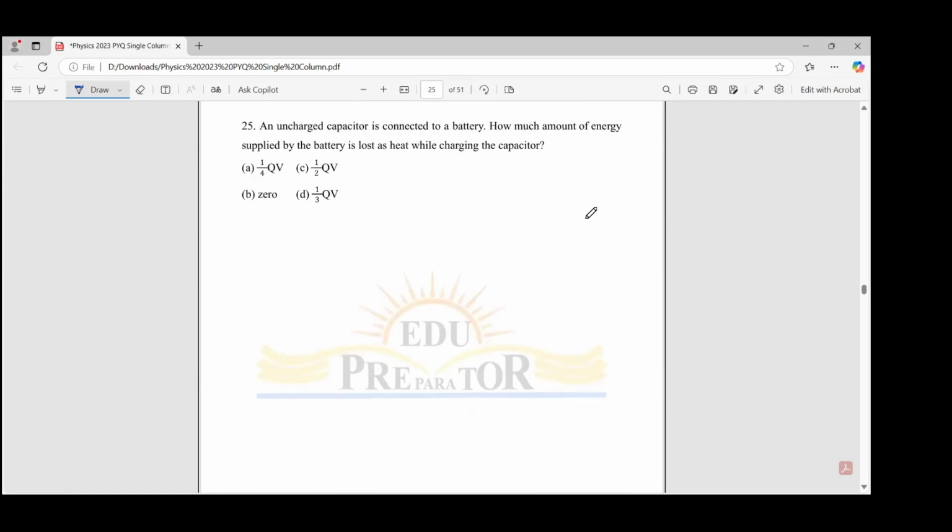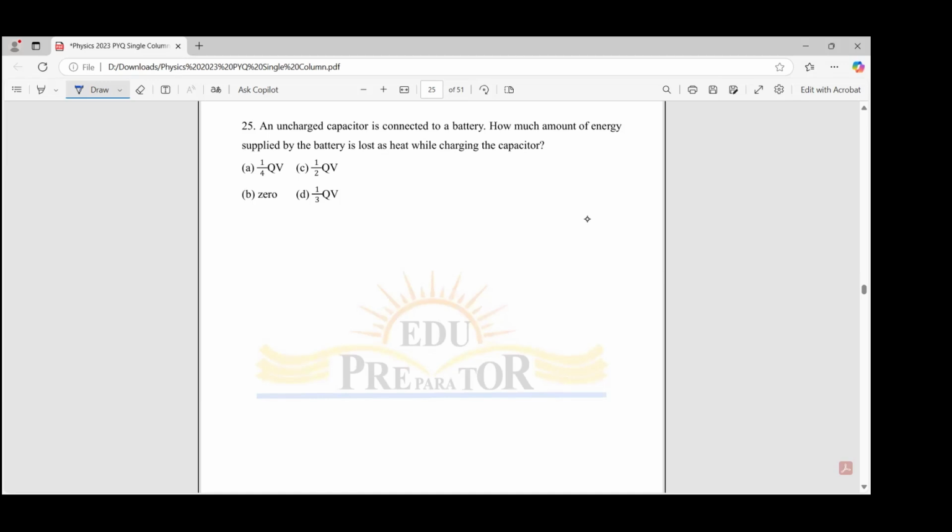Now we have 25th question. Now this 25th question, we all know that, the battery supplies electrical energy and charge is stored on the capacitor. And again, we know that, what is the form of energy stored in capacitor? It's electrical energy. So it's the electrical energy stored in capacitor.